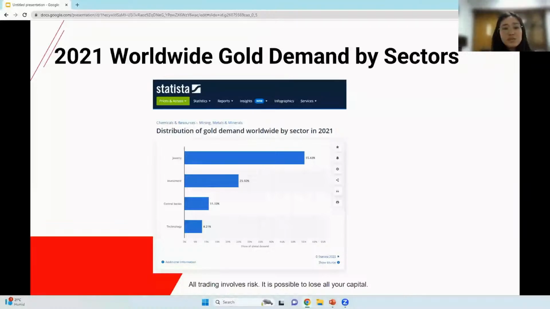Next, we have investment. Because it has unique properties as an asset class, which we'll get into in the later slides, our analysis shows that modest allocations to gold can actually be proven to protect and enhance the performance of an investment portfolio.